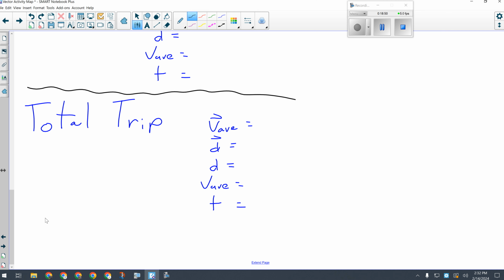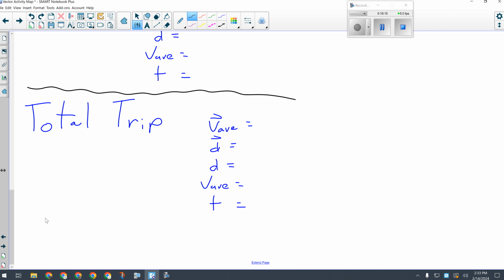But for average velocity, you still have to draw your line and do all of that stuff. Here's what people miss on this assignment every time. They forget, on an activity labeled vector activity, to put vectors on the vector quantity answers.